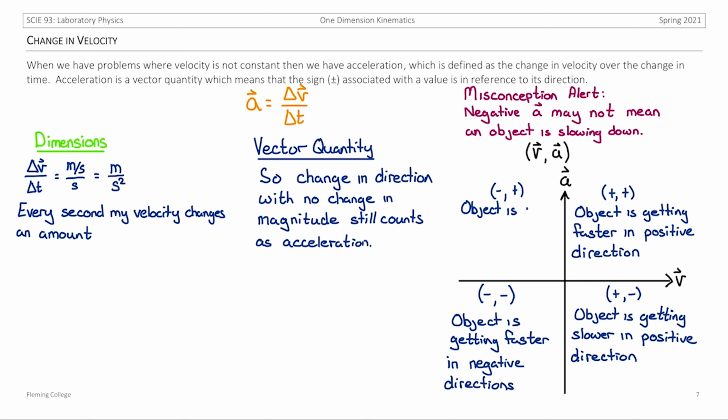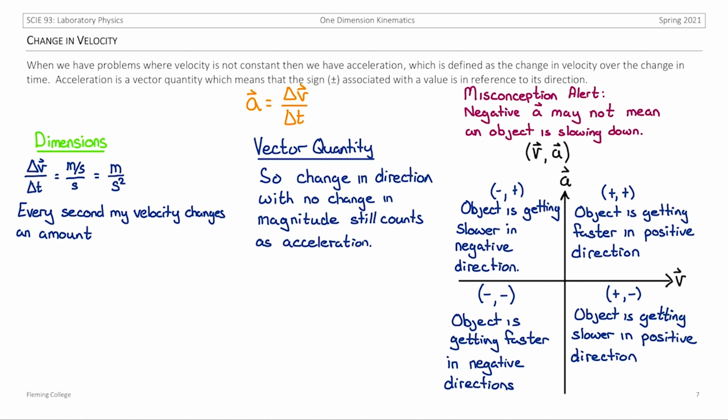And this would describe an object moving in the negative direction, but it's getting slower as it goes in that negative direction. Anytime we have a mismatch of the signs between velocity and acceleration, if we continue that acceleration long enough, we will change the direction of motion and begin to move faster in the direction of acceleration.